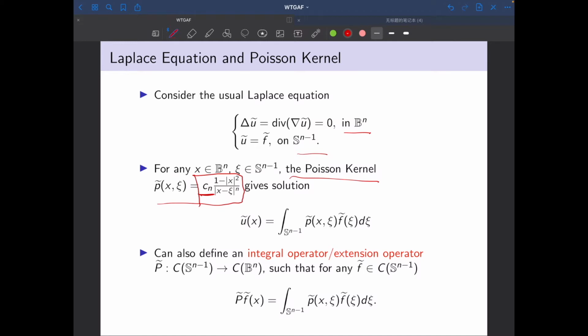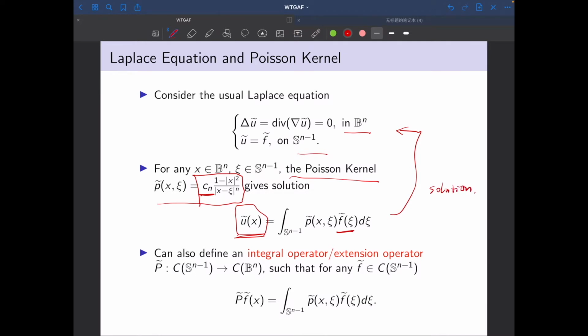If you have a function f tilde which is continuous on the boundary, you can do the integral here to get a function u(x), defined in the interior of the unit ball, and u(x) will be a solution to the equation over here.